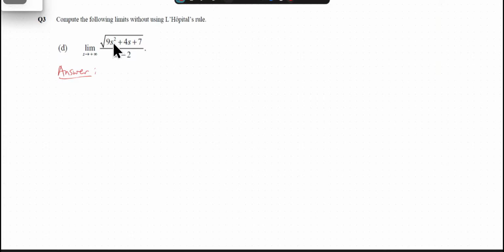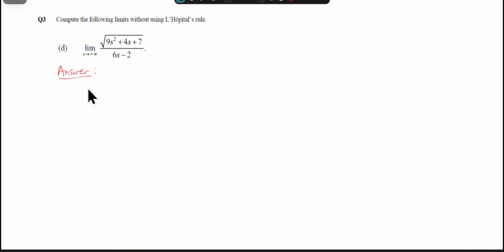Although the highest power seems to be s squared, remember the s squared is actually under the square root sign. The square root of s squared is simply s, so the highest power is actually s to the power of 1. So we simplify by multiplying by 1 over s.